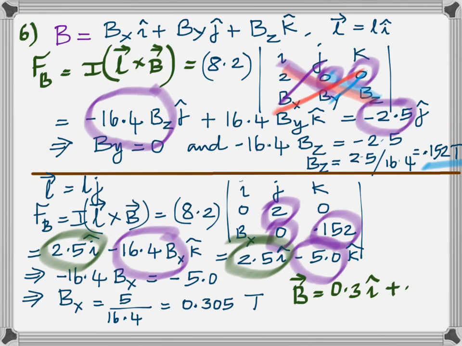Now we know all the three components, so we can put it together, and that is 0.3 I plus 0.15 K.